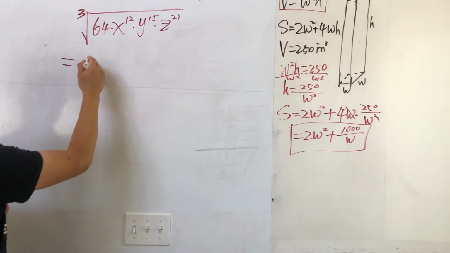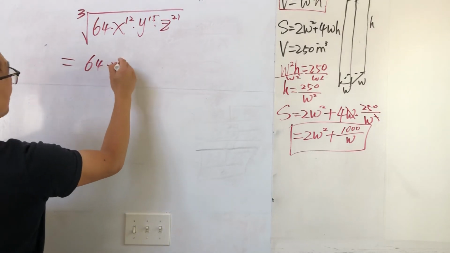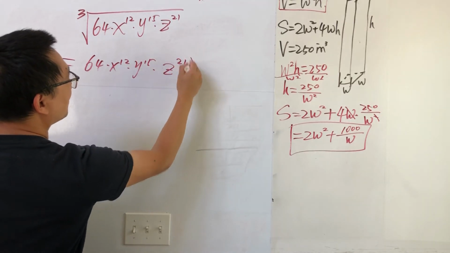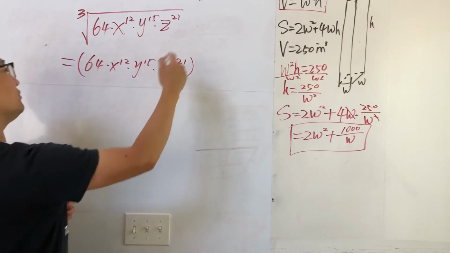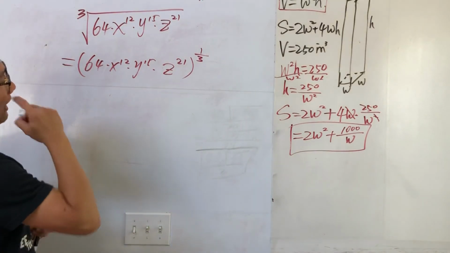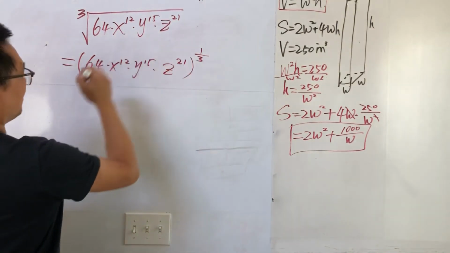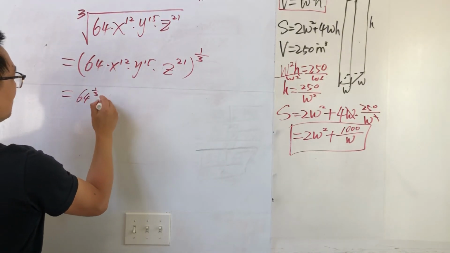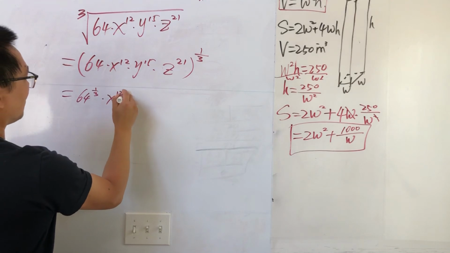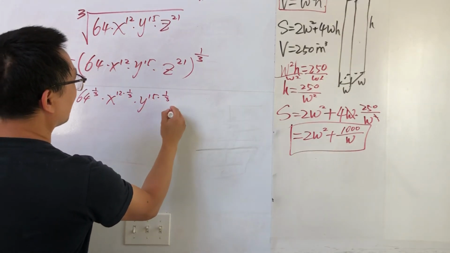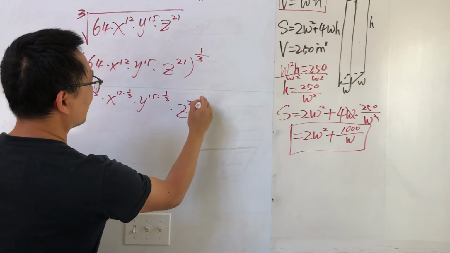If it is the cubic root, then you can change to the exponent 1/3. Now we can do the property. So 64 to the 1/3 times x to the 12 times 1/3 times y to the 15 times 1/3 times z to the 21 times 1/3, right?